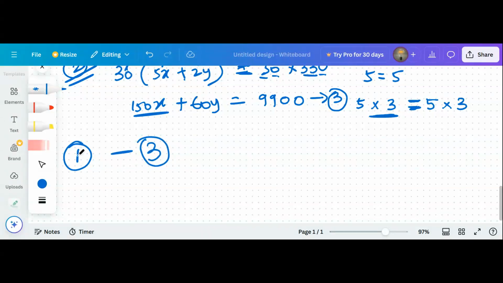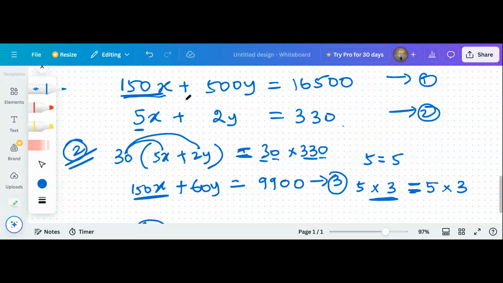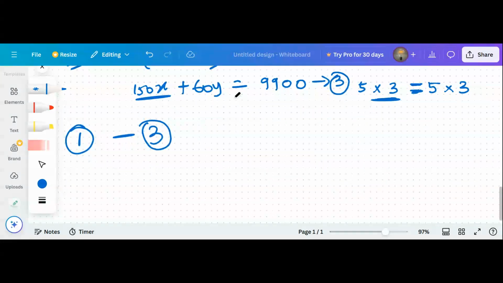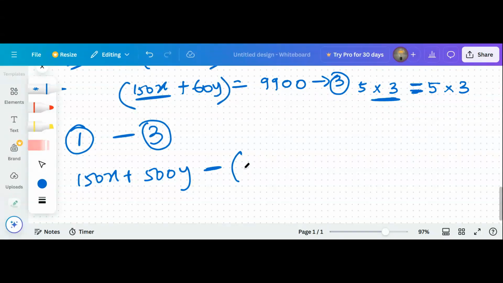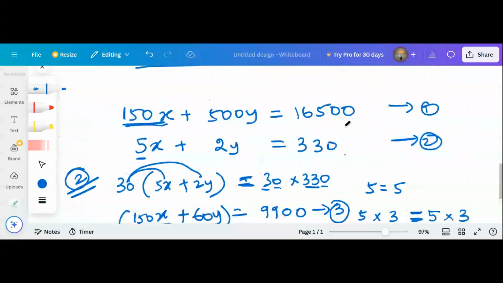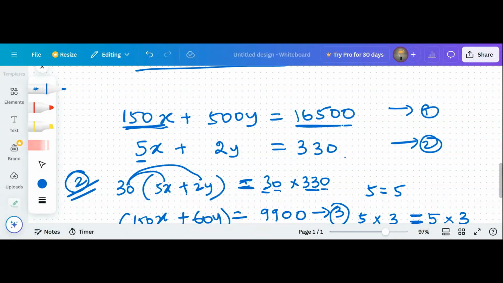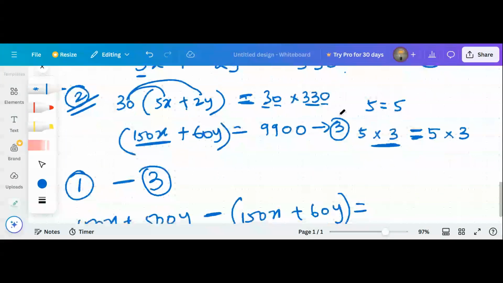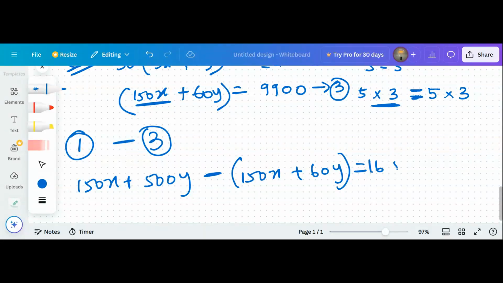So what is equation number 1? 150x plus 500y, minus, what is equation number 3? 150x plus 60y, is equal to, here 16,500, here minus, so we are subtracting, so minus 9,900.